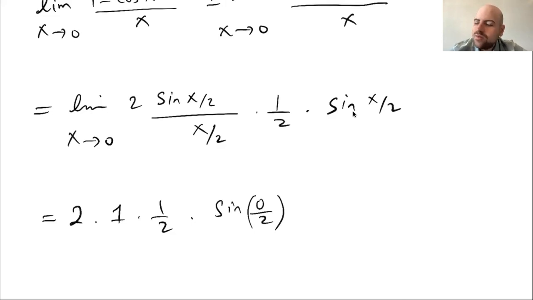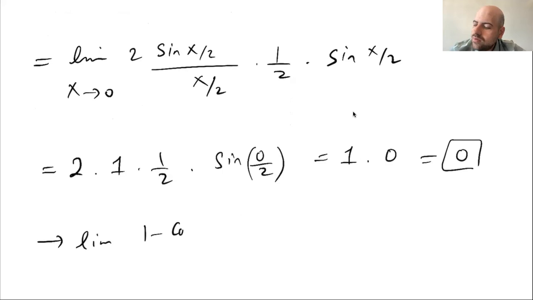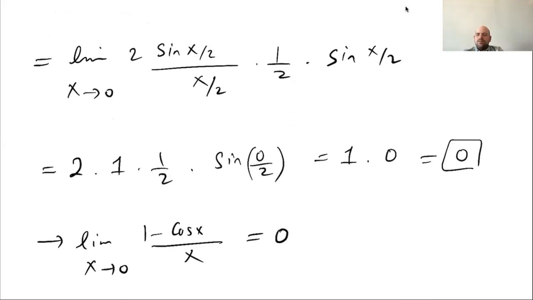We get sine 0 over 2. So 2 times 1 times 1/2 is 1, times sine 0 over 2, which means sine 0, which is 0. And 1 times 0 is 0. So we showed that the limit of 1 minus cos x divided by x as x approaches 0 is 0.